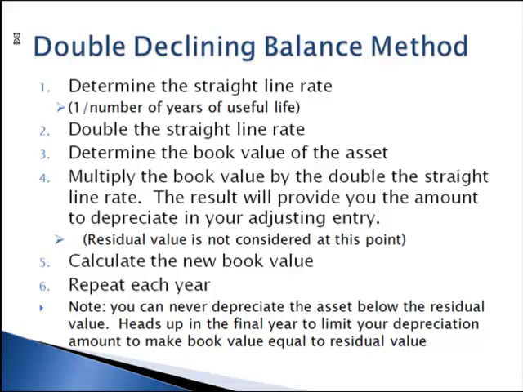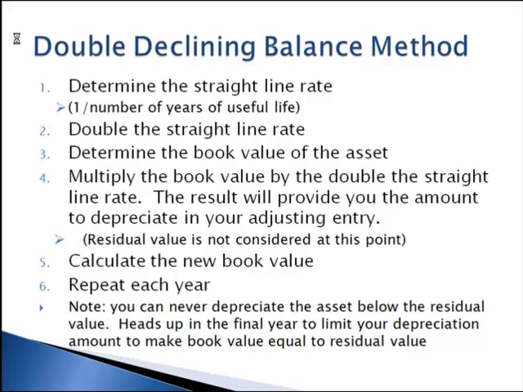If you'll recall from our discussion several lectures ago, the book value is the cost of whatever asset it is, less the accumulated depreciation. And in year 1, that is the cost. We have no accumulated depreciation.